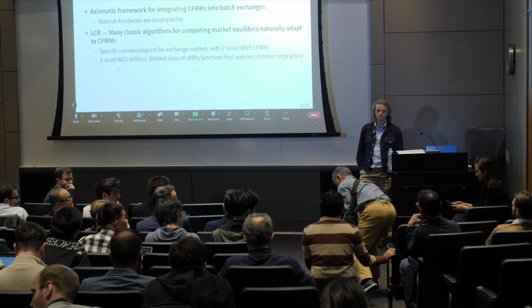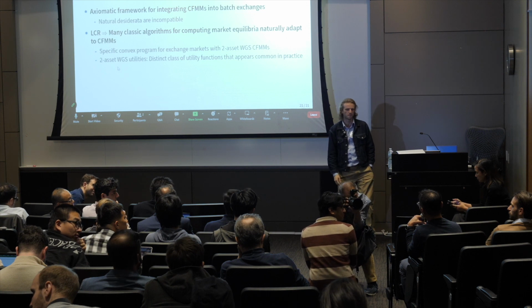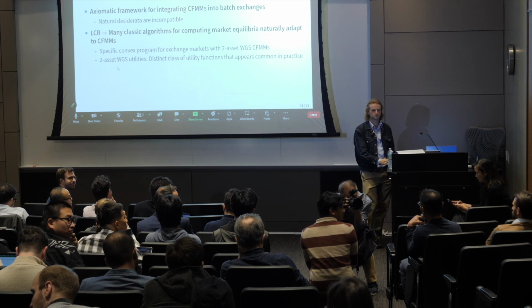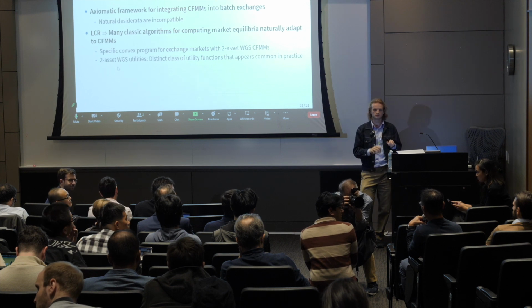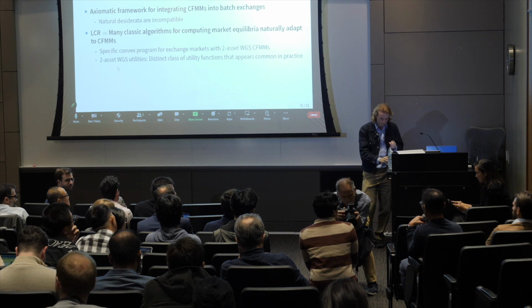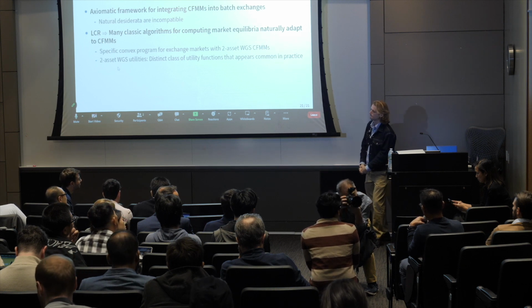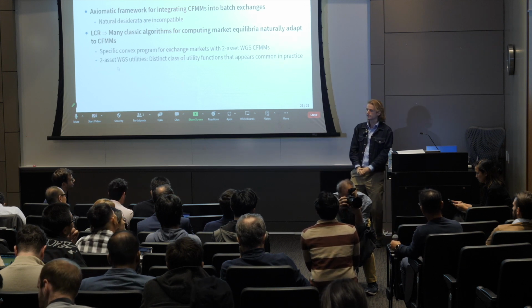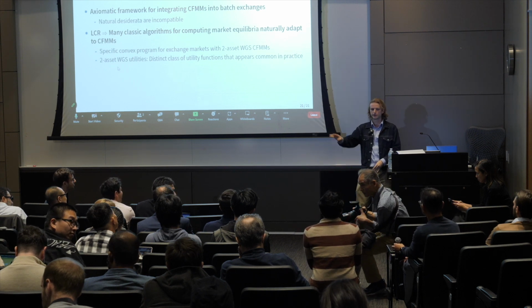Hi, I'm curious if you've had an opportunity to empirically test this algorithm against the aggregators that are out there. Like 1inch was mentioned, Paraswap, Uniswap's working on a product. Testing this sort of batch model empirically is, I think, a very interesting open problem.